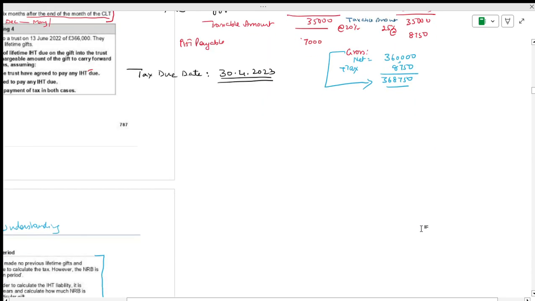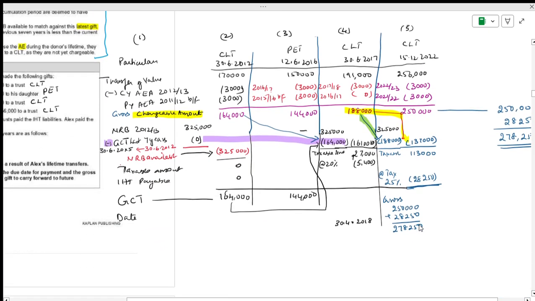Okay, I got it. Here also, this is the taxable amount. On the net taxable amount, they are charging 25%. The tax is only 28,250. Yes, 25%.